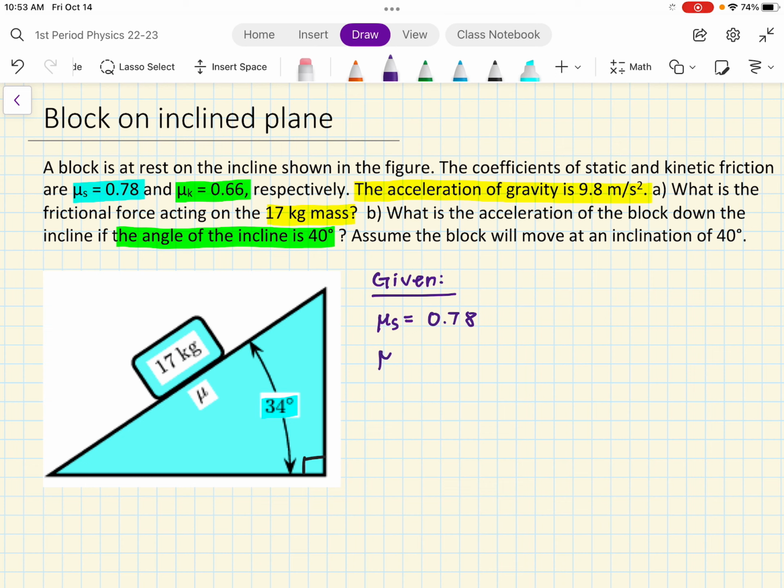Then we have the kinetic friction coefficient, 0.66, and then we have lowercase g, 9.8 meters per second squared. We have a mass. It's only one mass, so I don't need to have mass 1, mass 2. It's just one, 17 kilograms.